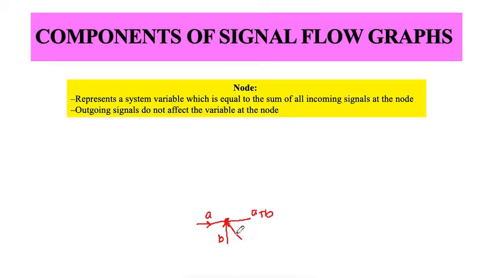If I take incoming C as well, the node variable will be A plus B plus C. We will also see this in the form of something like KVL.